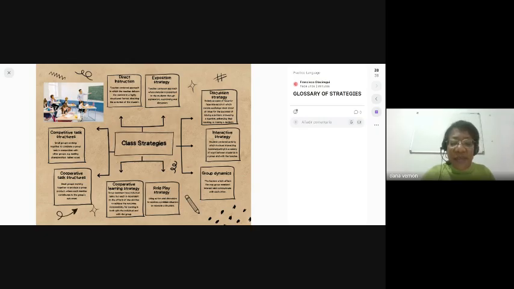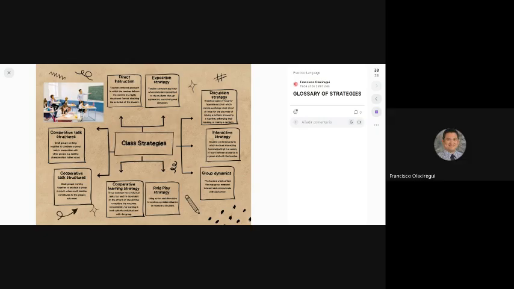So the first one is direct instruction, which is a teacher-centered approach that delivers the content in a highly structured format, directing the activities of the students.